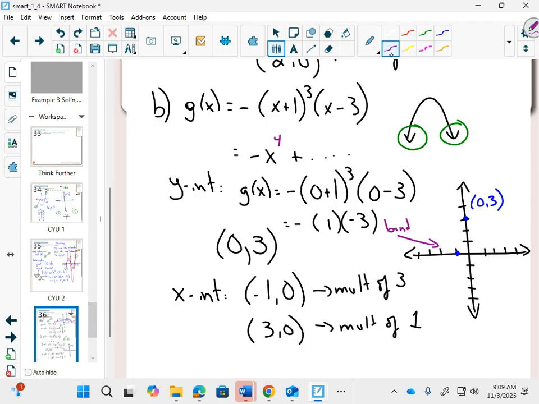So we need to show that bend or that flattened out. So what I'm going to do is I'm just going to draw a tiny little flat line there to remind myself that one needs to flatten out. And then at 3, this one is going to be straight through. I'll draw a little straight through line there. Straight through ones, you don't have to add the extra line there. You'll figure that out when you go to graph it.